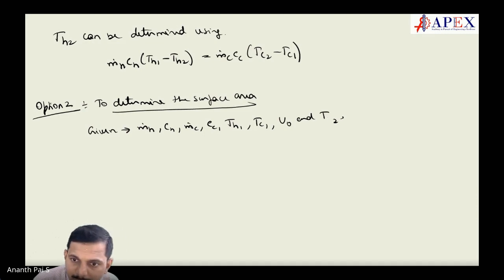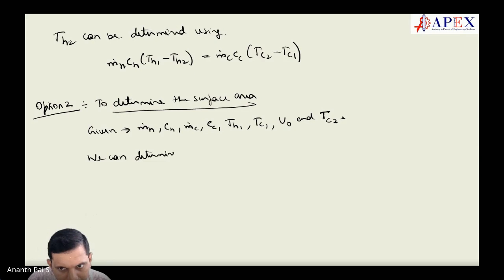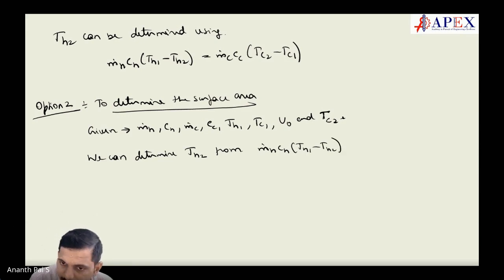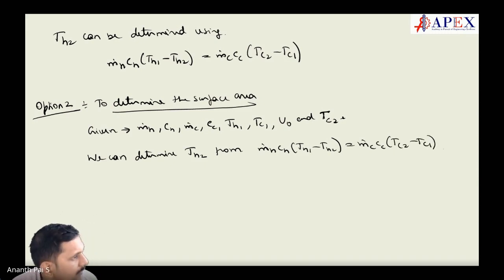If we know this Tc, we can determine Th2 from m dot h Ch into Th1 minus Th2 is equal to m dot c Cc into Tc2 minus Tc1. Correct? If one is given, the other can be calculated. If the other is given, the first one can be calculated. So one of the exit temperatures is given.